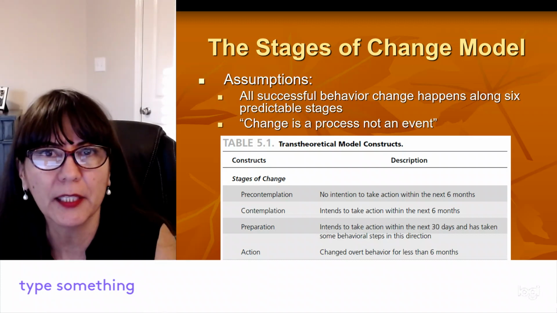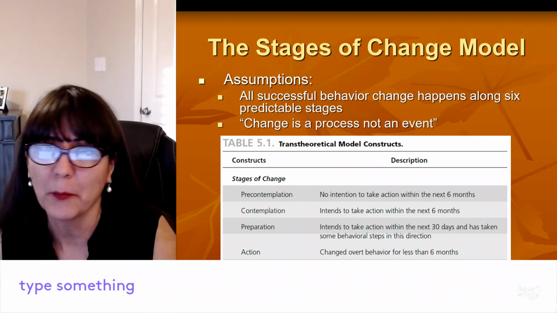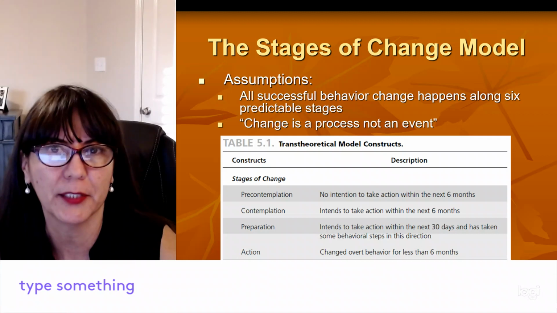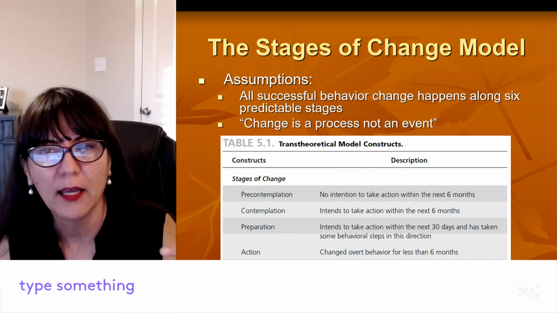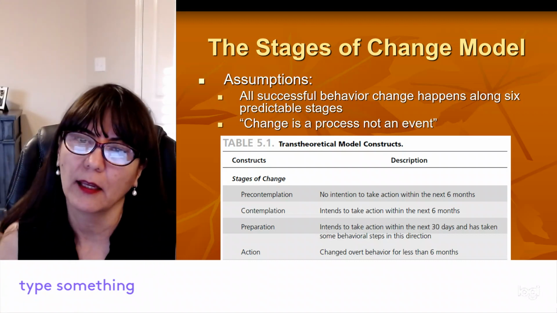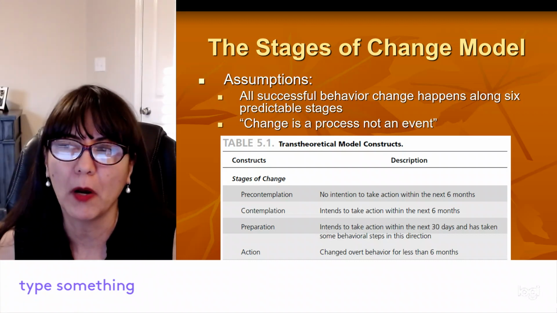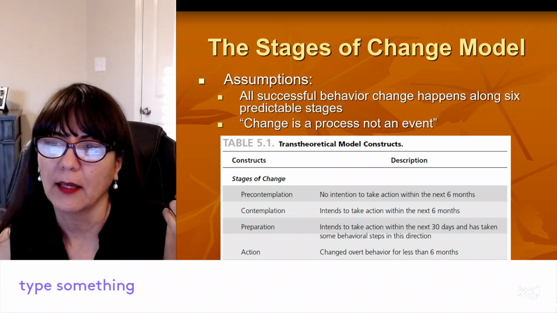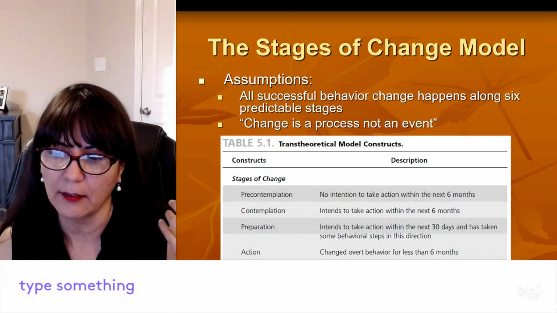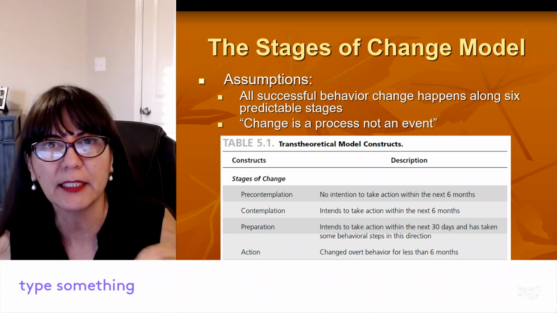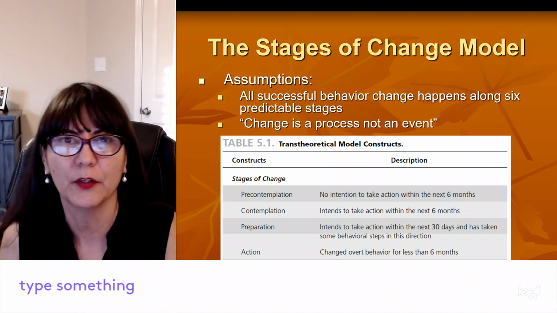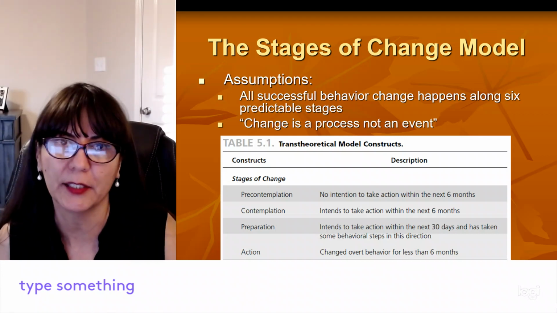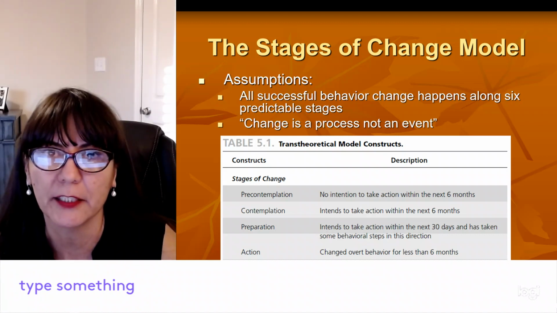So someone in the pre-contemplation stage might get a different type of intervention or message than someone in the preparation stage. That's what they call a TTM, or trans-theoretical model, tailored intervention, because the intervention is tailored for the particular stage the person is in. We want to make sure that the theory is applied in such a way that we can tailor the intervention according to the recommendations of the theory.